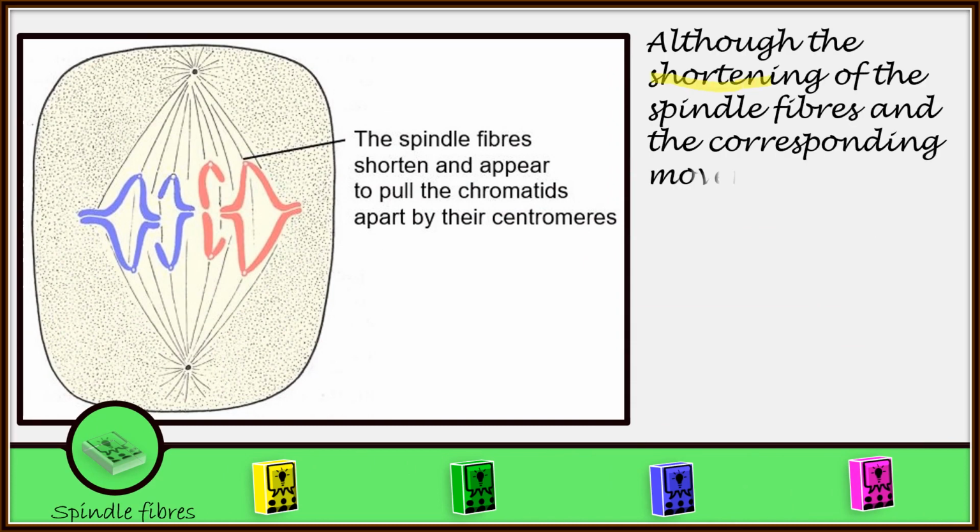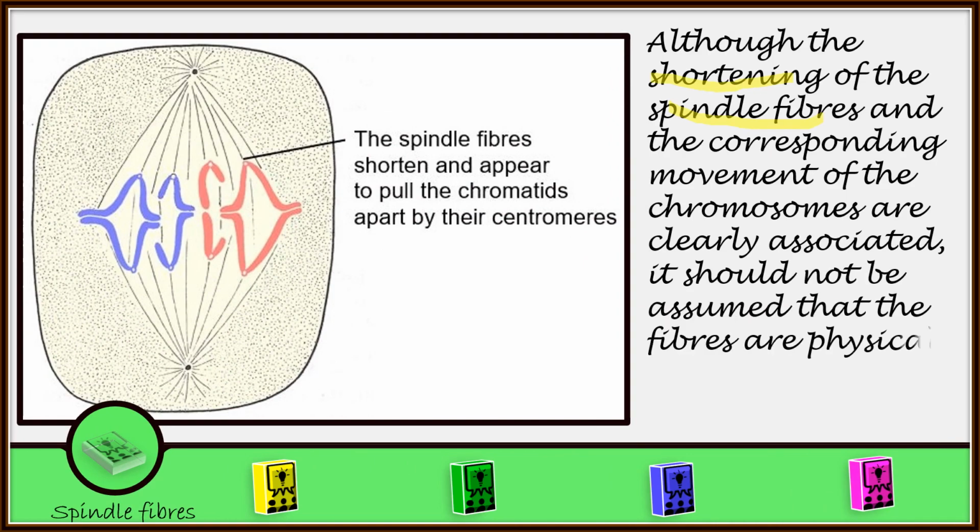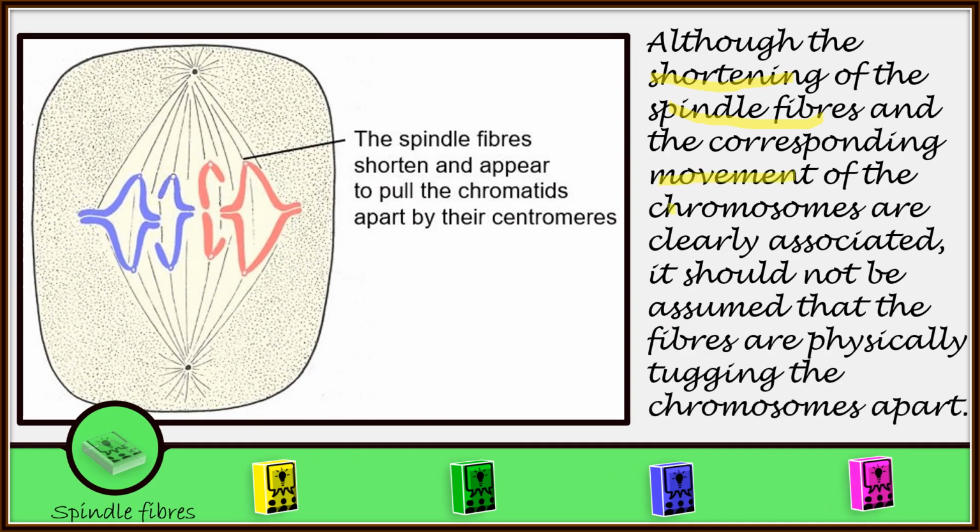Although the shortening of the spindle fibers and the corresponding movement of the chromosomes are clearly associated, it should not be assumed that the fibers are physically tugging the chromosomes apart.